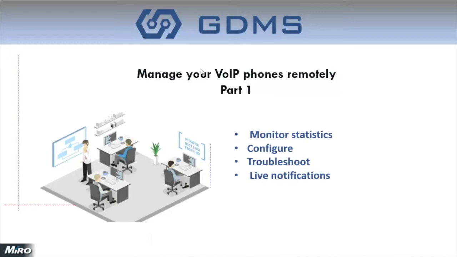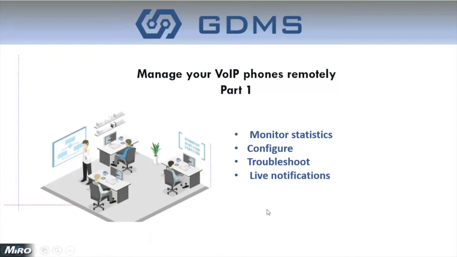So one of the first things I would like us to look at is you will have the ability to monitor the stats of what is going on in all of the phones that you have added to your GDMS cloud. You will have the ability to configure. You will have the ability to troubleshoot live as long as there is layer 3 routed connectivity between your VoIP phone and either your PC or your cell phone, because you can also log onto your GDMS using your cell phone and troubleshoot or configure from anywhere.